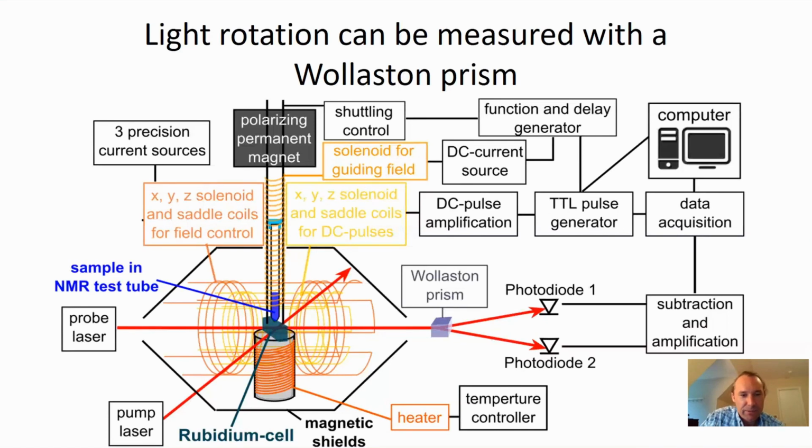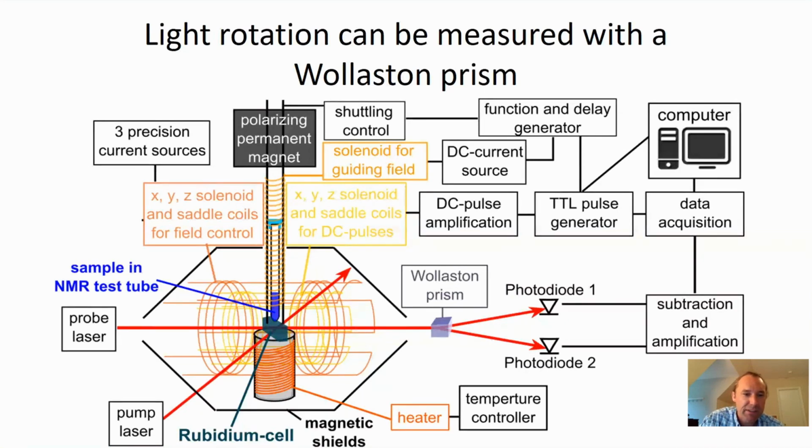And if the probe laser is rotated a little bit, what that means is that you change the intensity of the left and right circularly rotating components of this light, which means that the intensities on photodiode 1 and photodiode 2 are not the same anymore. And if you now measure a voltage difference of photodiode 1 and photodiode 2, you immediately learn about the magnetic field that is present inside of these shields that comes from your NMR tube.